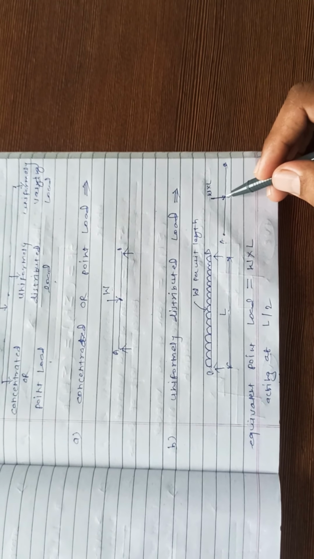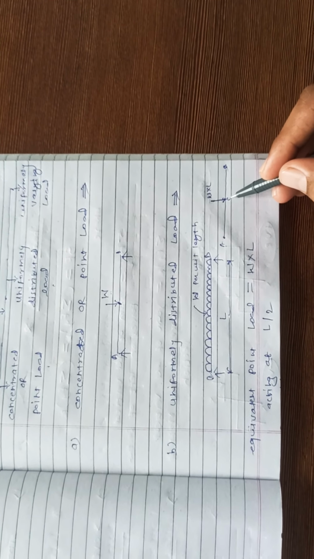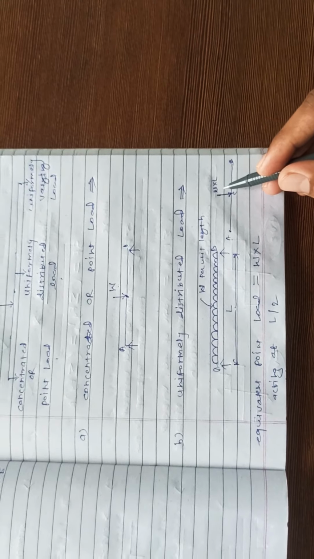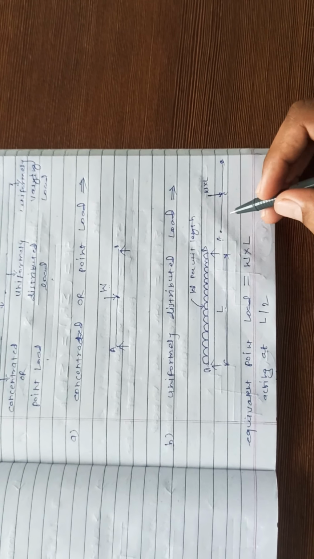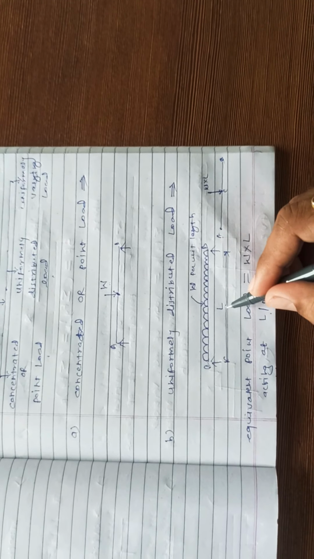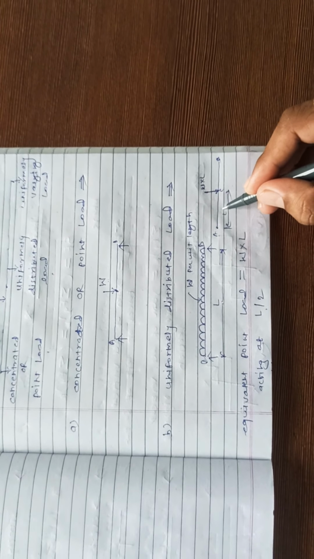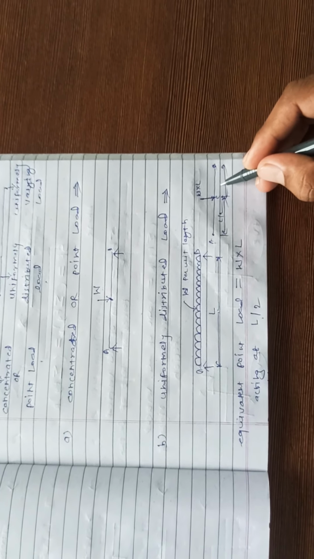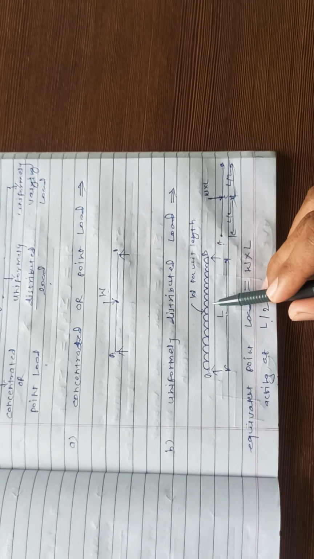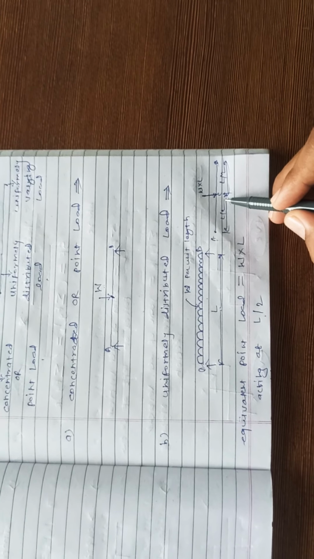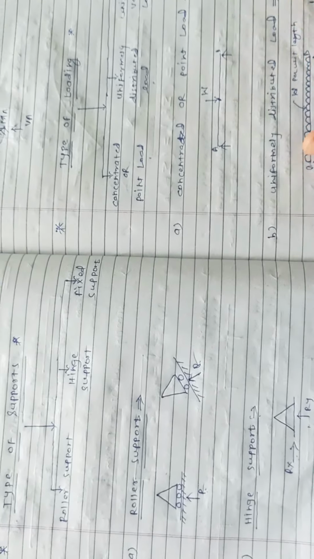For example, this is point C; we need to find the location where this point load is acting, and that can be found by L by 2. So divide L by 2, this is L by 2, this is L by 2. So we have converted this into a point load.